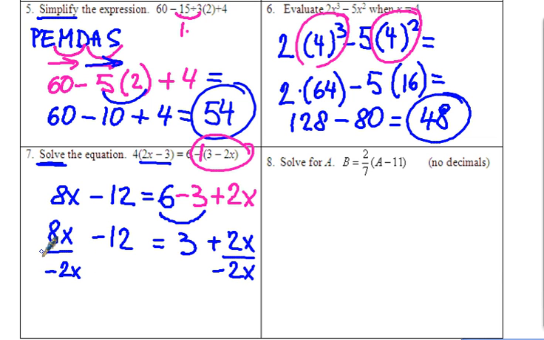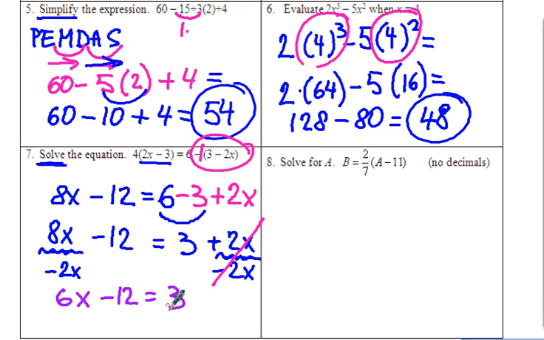I'm not dividing, just underlining the x terms. Okay, here we cancel these. Plus 2x minus 2x. We got rid of that. And what do we have? 8x minus 2x is 6x. Minus 12 is 3.